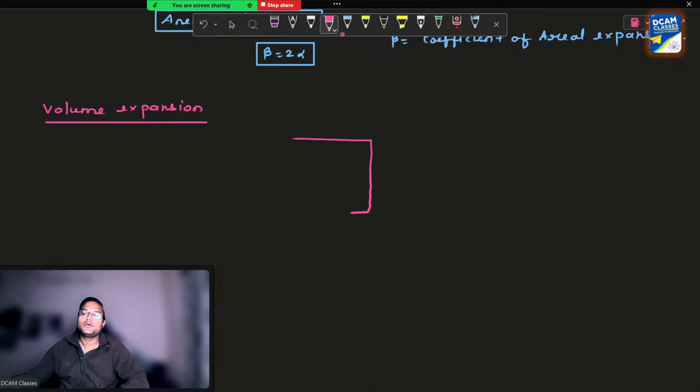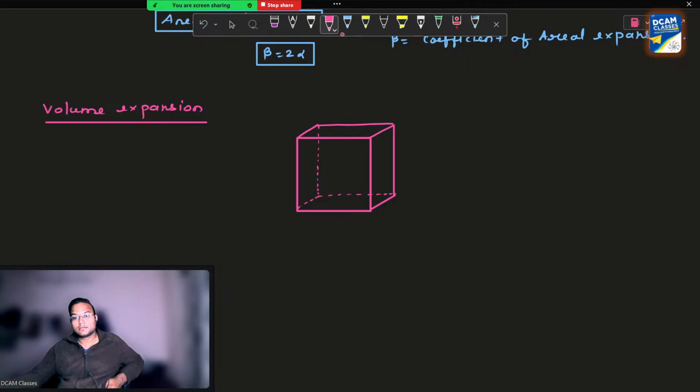It's up to you if you want to take each side as equal or each side as different. Doesn't matter. X, Y, take this as Z.